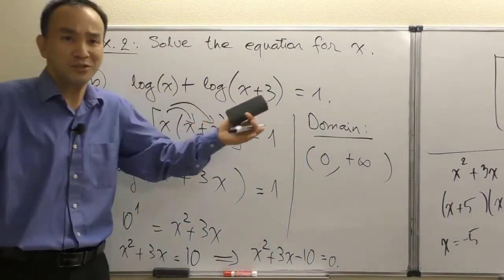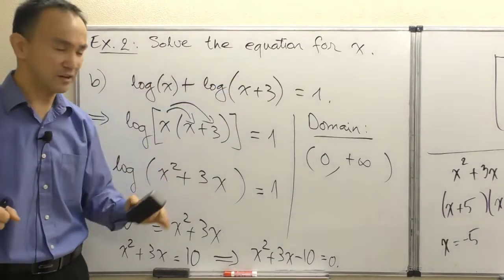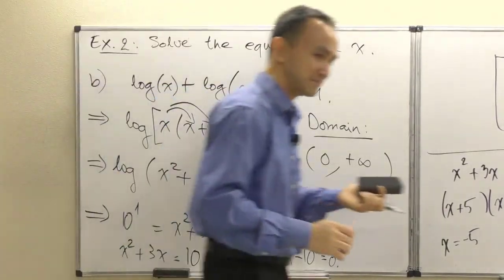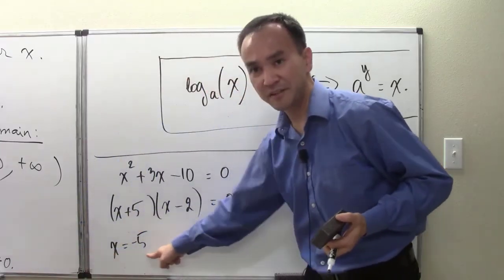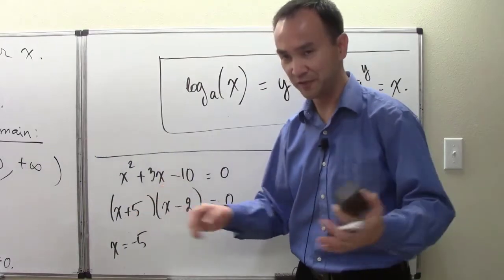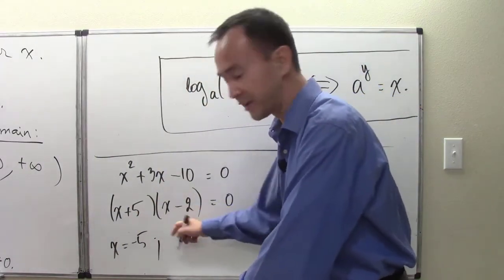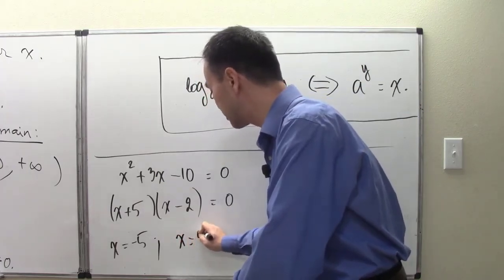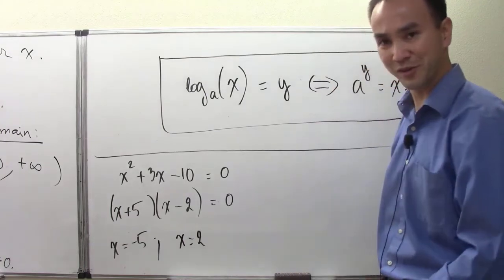It's too lengthy to the point that I didn't want to mention it: log base 10 of x plus etc. equals 1. So we found one tentative answer, or solution in formal terms. And then we found another one. From this factor, we have x equals 2. So we found two solutions.